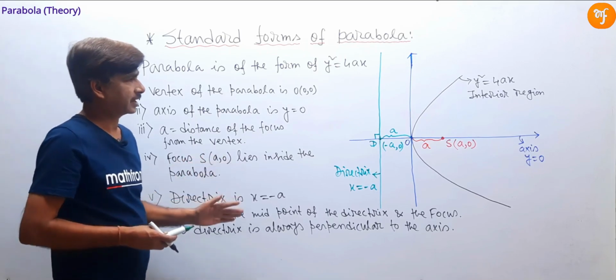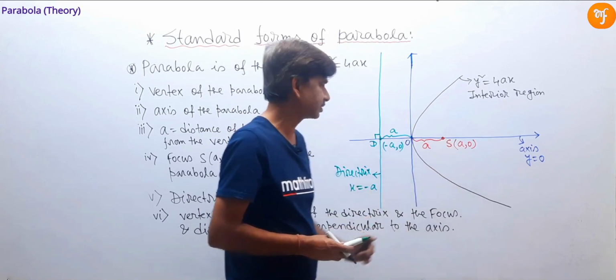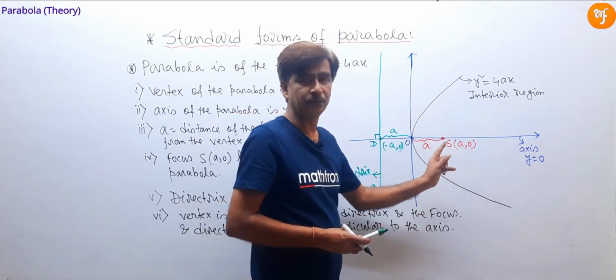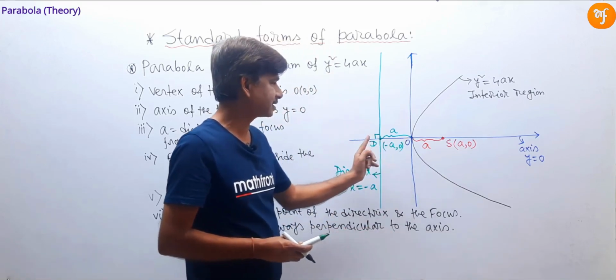So I think you understand about the structure of y square is equal to 4ax. You understand about the focus of the parabola y square is equal to 4ax and understand about the vertex, axis and directrix.